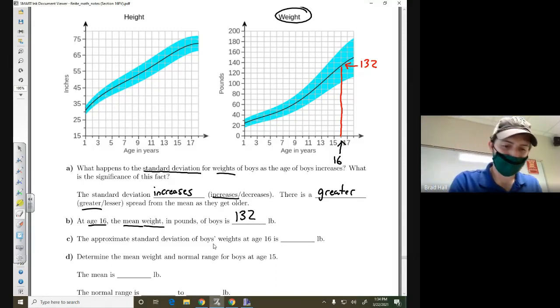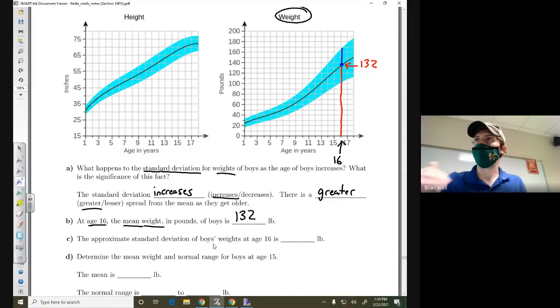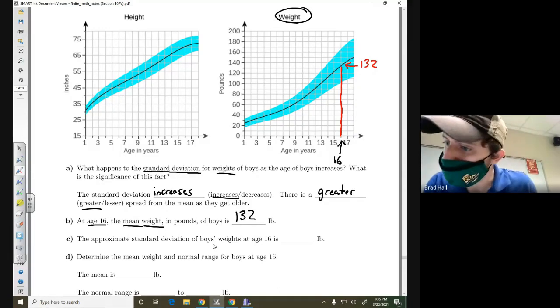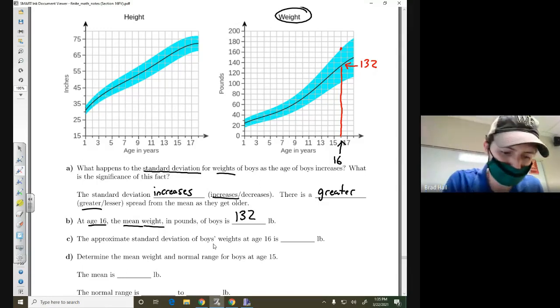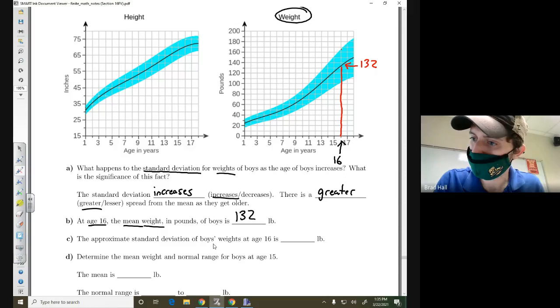So basically, what is this distance from the black line to either the part above to where the shaded region ends, or you can do it below. It doesn't matter. They're going to be the same. It's two standard deviations nonetheless. Now, if we said the bottom one was 132, the top one seems to be right there.